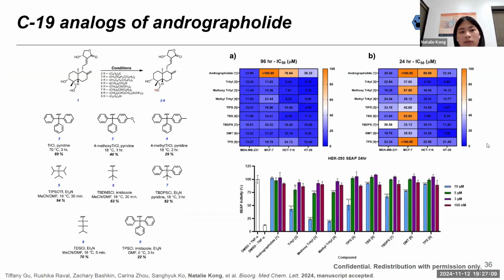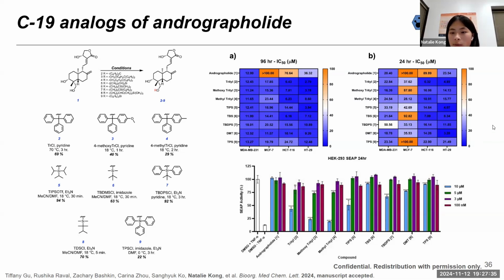This is a little bit of our results from our experimental study. So we synthesized a series of 8 andrographolide analogs, as well as we tested andrographolide itself in a series of biological assays in order to test its mechanism of action. So we ran MTTs.